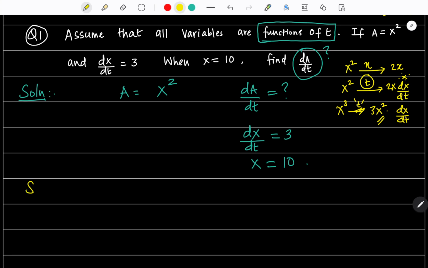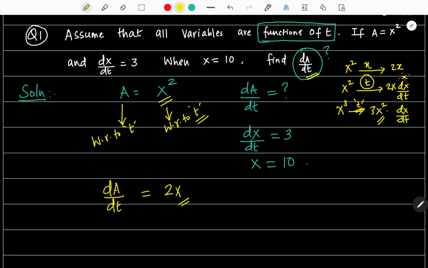Okay, right. So now let's start the question. Solution: your A is x squared. You are going to differentiate A with respect to t, so dA divided by dt. This side you are going to differentiate with respect to t. Keep in your mind, with respect to t. So x squared derivative is 2x. If you stop here, you have done with respect to x. But what is the question? You are going to differentiate with respect to t, so you have to write dx by dt.